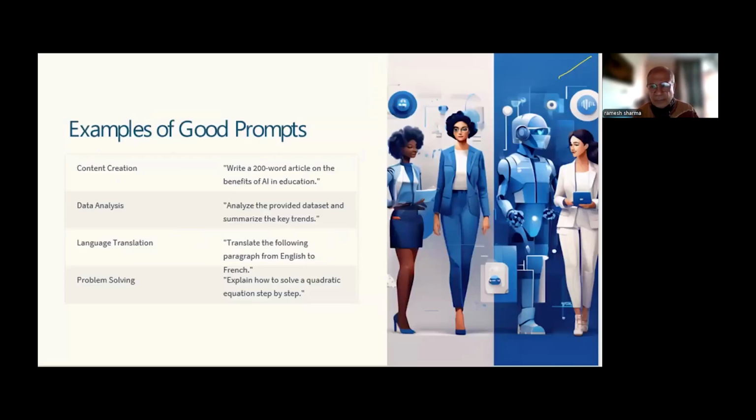Let's have some examples of good prompts, like write a 200-word article on the benefit of AI in education. This prompt is clear, specific, where we are asking that the word limit will be 200, and you need to explain what are the benefits of AI in education.